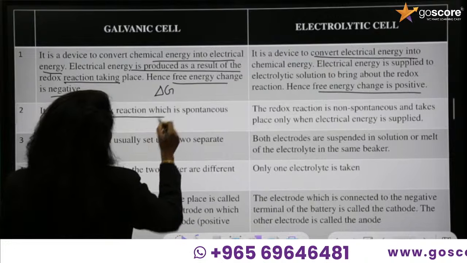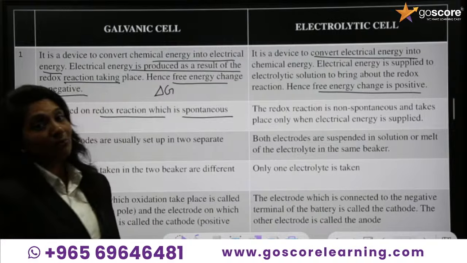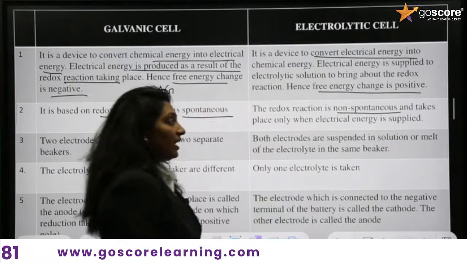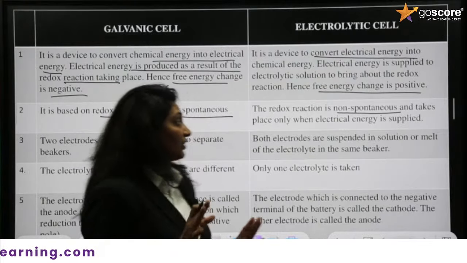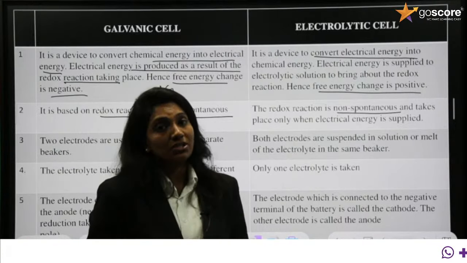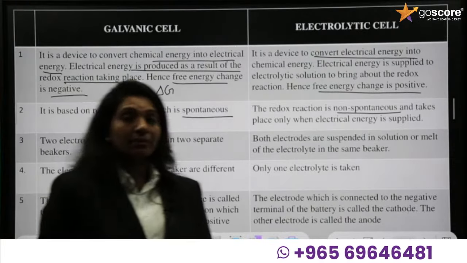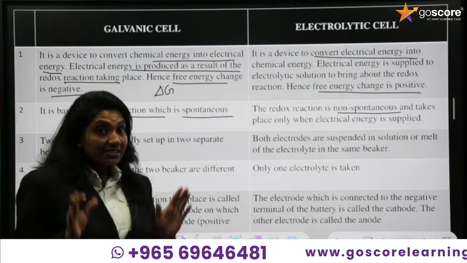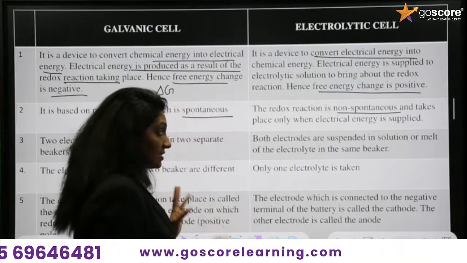The galvanic cell is based on a redox reaction which is spontaneous in nature, whereas the electrolytic cell is based on a redox reaction which is non-spontaneous in nature, and the reaction will take place only if you supply electrical energy, right? It is non-spontaneous. We have to give some extra push to start the reaction. And from the diagrammatic representation, it is clearly seen that in an electrolytic cell, we keep the solution and electrodes, everything, in a single beaker, the same beaker, right?